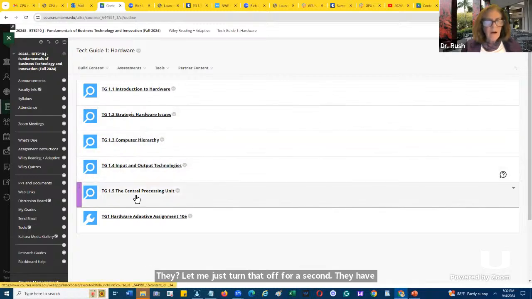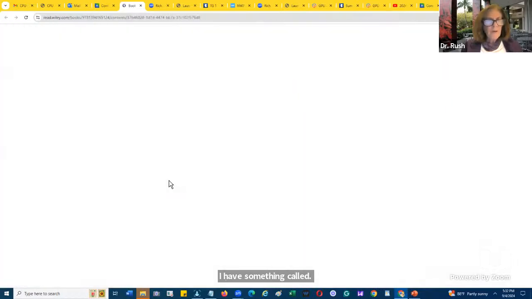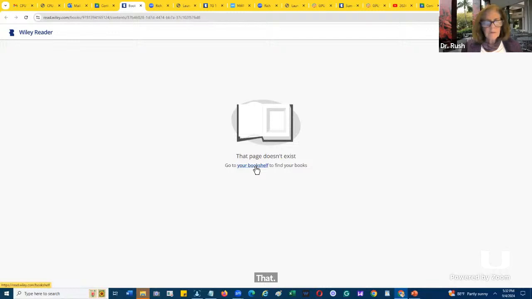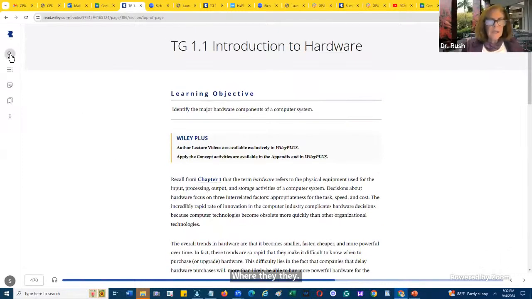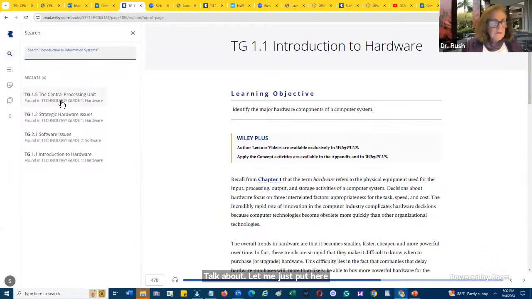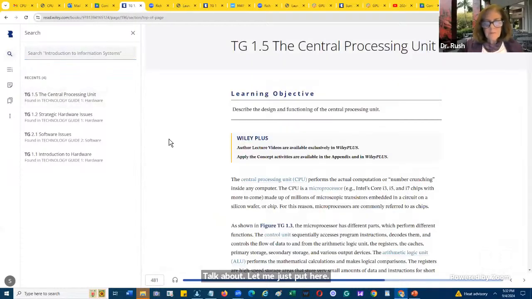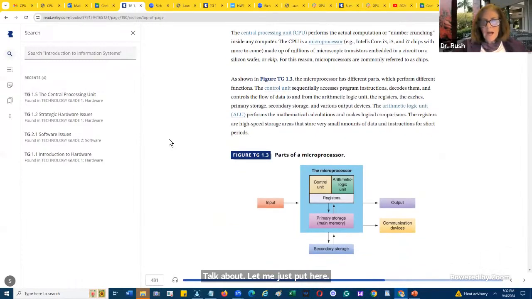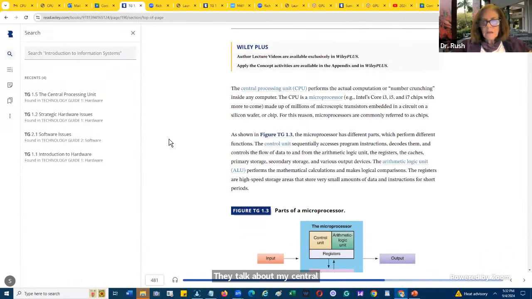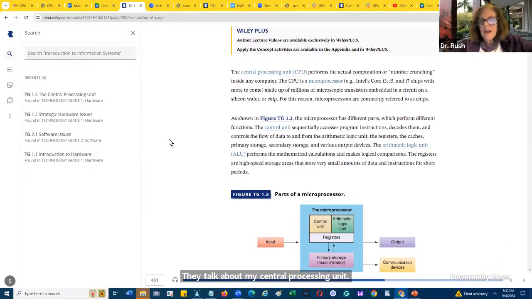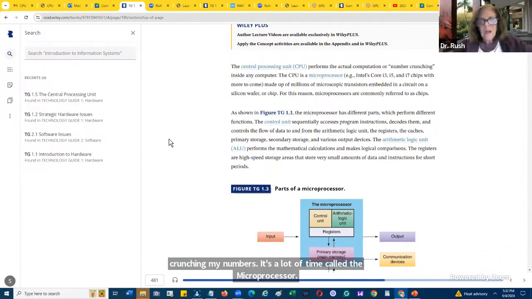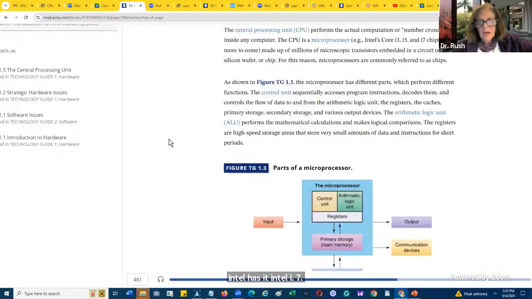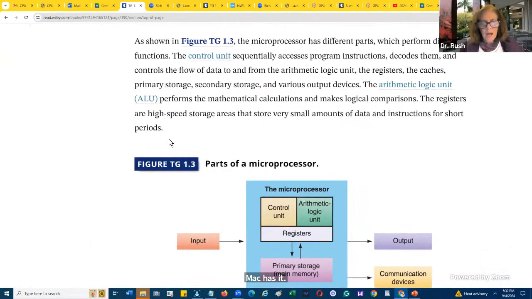They have it that you can even see here that I have something called the CPU, central processing unit. They talk about my central processing unit as crunching my numbers. A lot of times it's called the microprocessor. Intel has it, Intel i7, Mac has it, what kind of microprocessor, and then they give me parts of my computer.